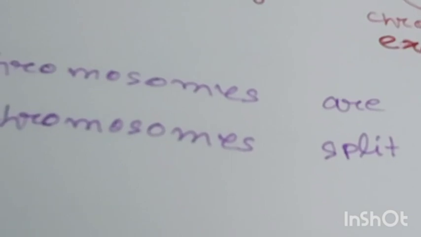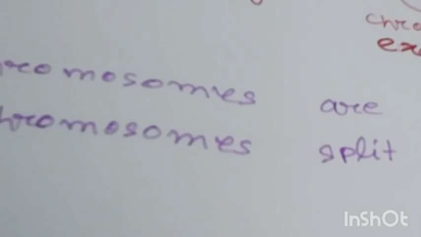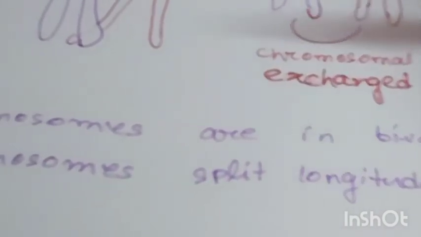During cell division, especially in anaphase, if you recall, the chromosomes move away from each other, but the homologous pair will not separate at these chiasma areas, and there will be exchange of genetic material.